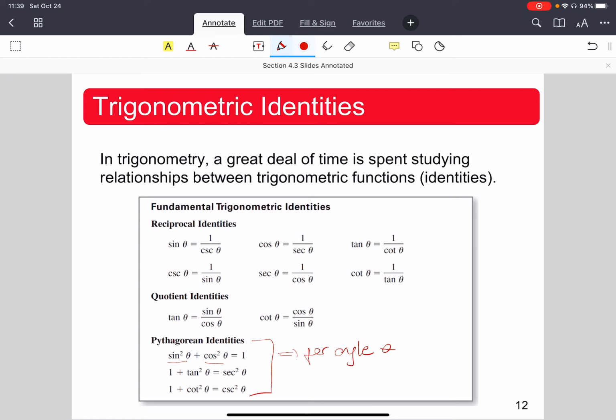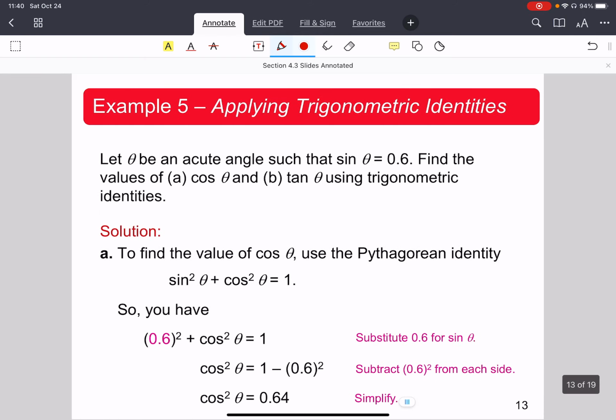And similarly, 1 plus tangent squared is always secant squared, and 1 plus cotangent squared equals cosecant squared. If you're curious about how these identities are formed, feel free to take a look at more details in the textbook, or find some other resources, but I'm not getting into details.